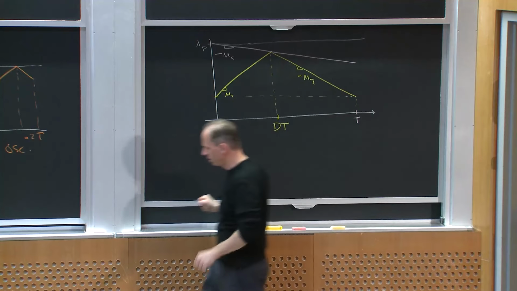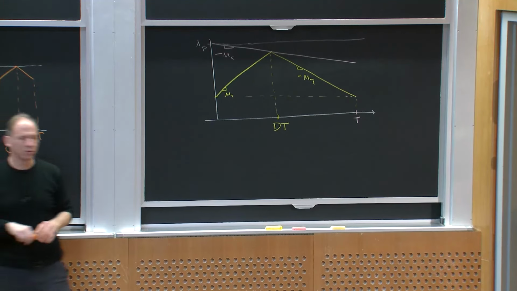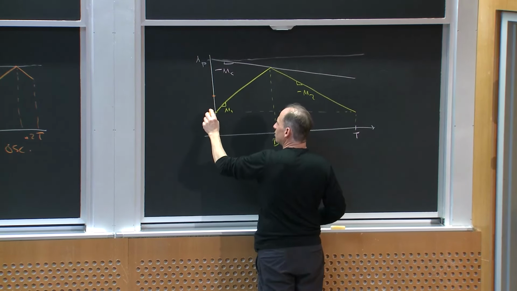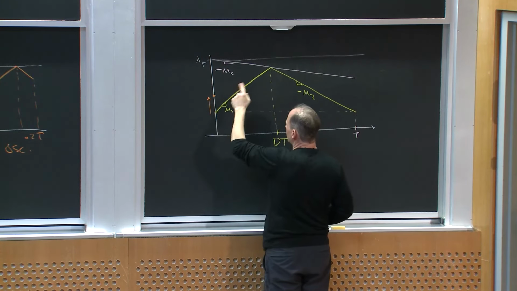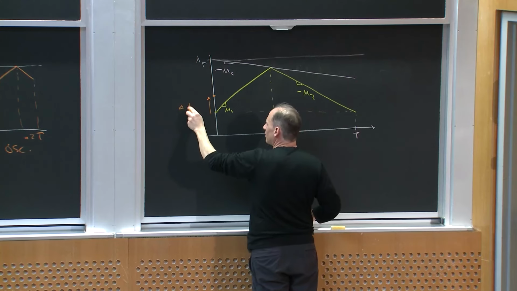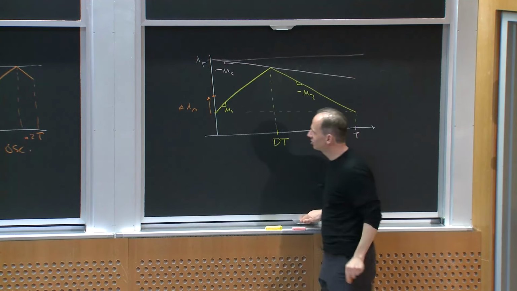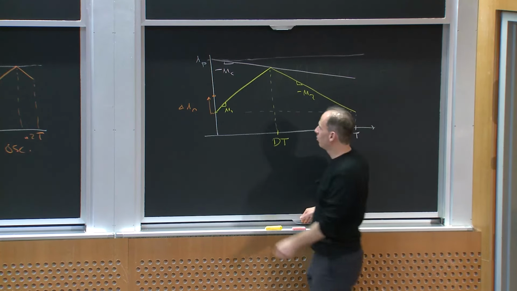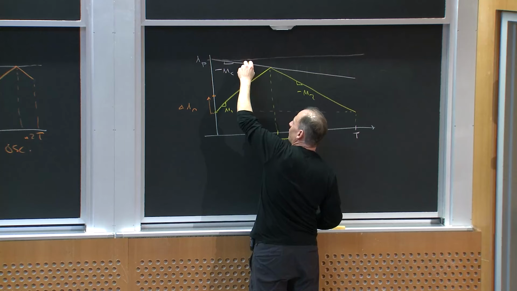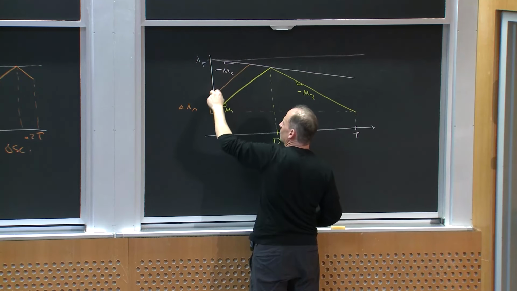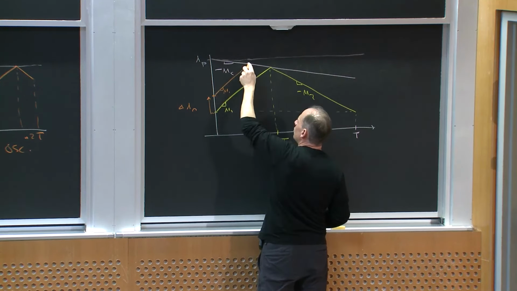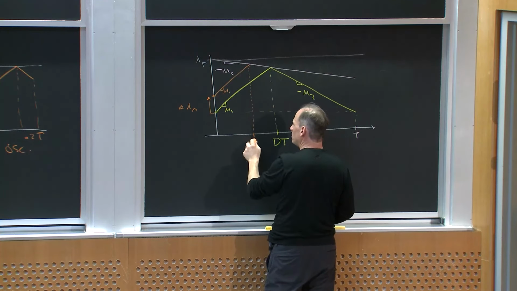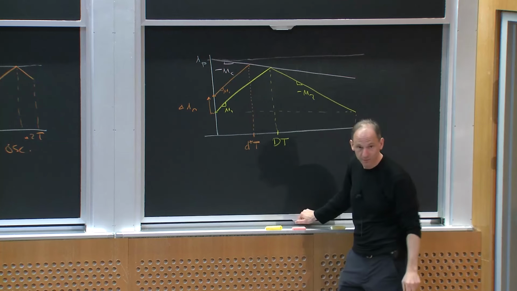Let's suppose my inductor at the beginning of this cycle started off a little bit high. So suppose he started off here. He has some error, some deviation from periodic steady state that I'm going to call delta I sub n. So at the beginning of the cycle, he starts off a little bit high. What would happen? Well, he would ramp up at the same slope because the output voltage is the same, right? So this would still be M1. He would hit the trip point here at something I'll call D star T. It's not the steady state value.